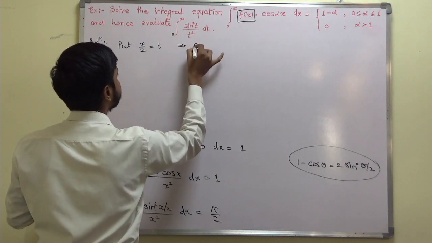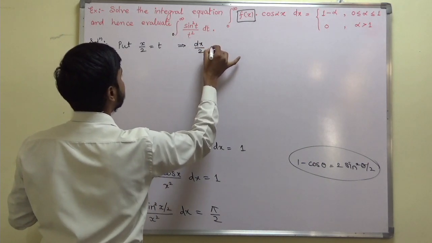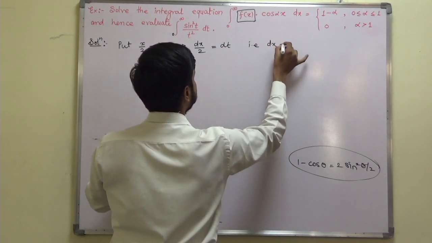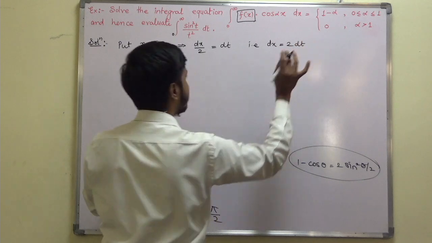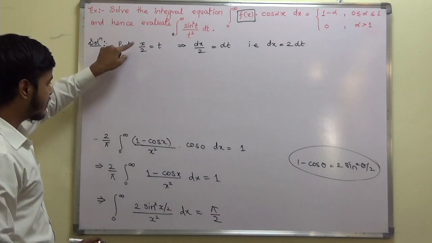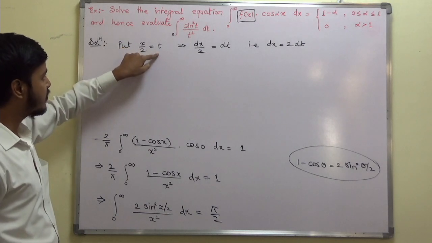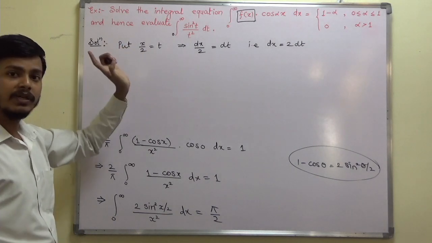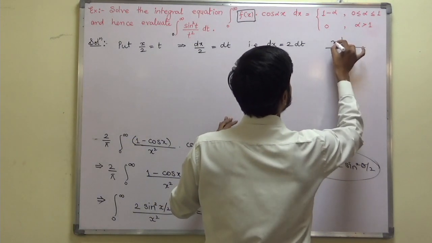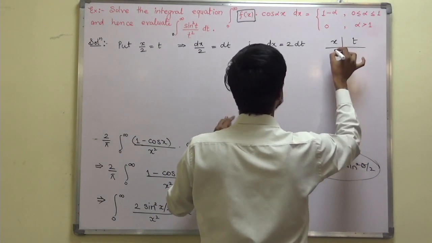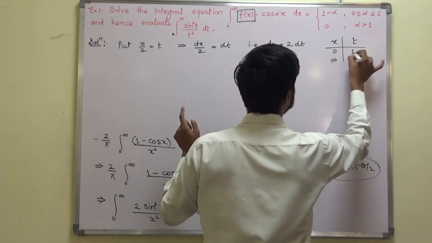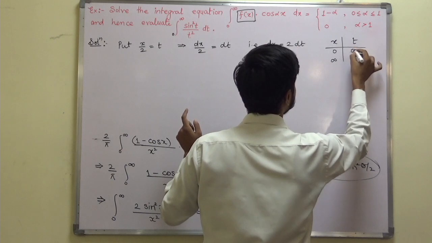This implies dx by 2 is equal to dt, that is dx is equal to 2 dt. Simple. So dx is equal to 2 dt, and when x is equal to 0, t equal to 0, when x is equal to infinity, t equal to infinity. So limits are unchanged. The limits of x are 0 and infinity, so the limits of t are 0 and infinity.